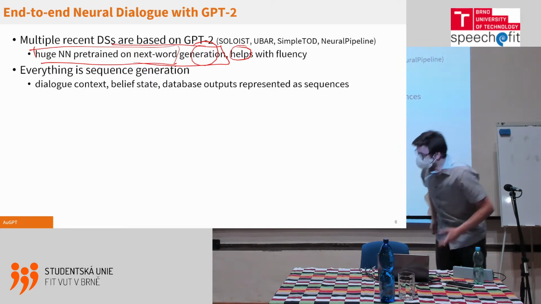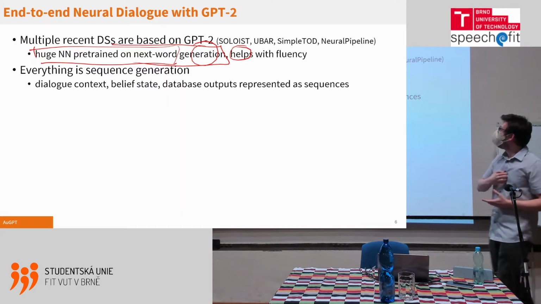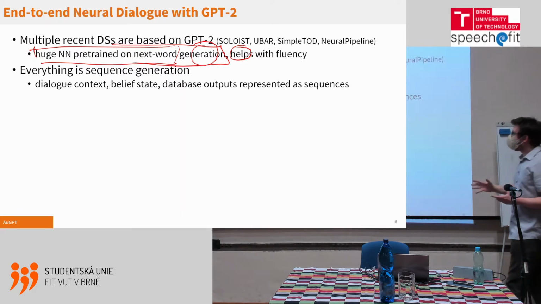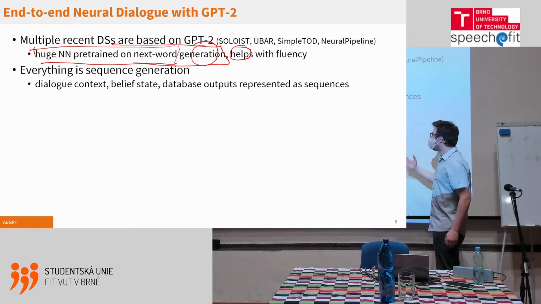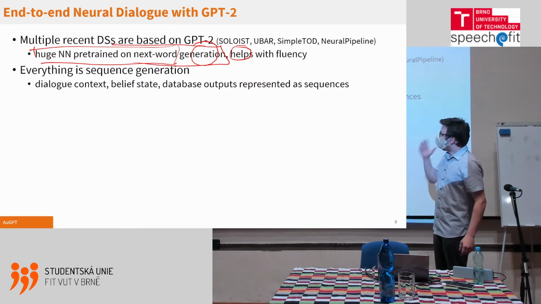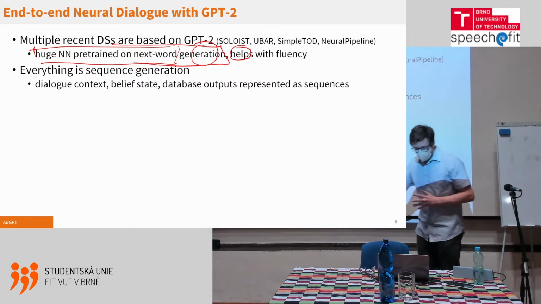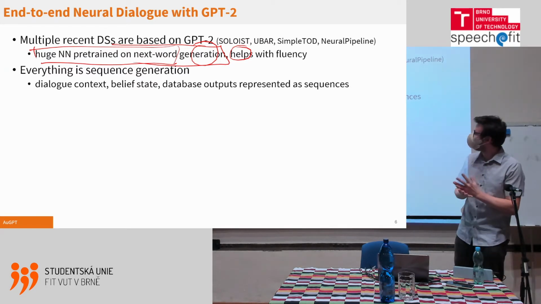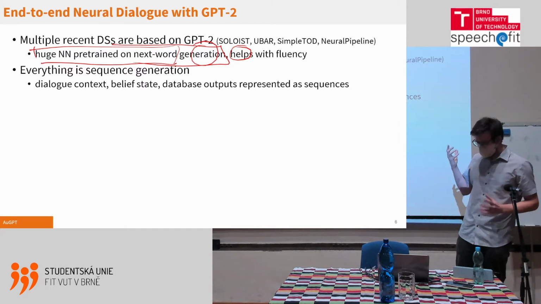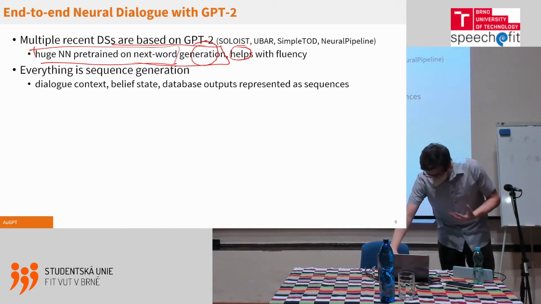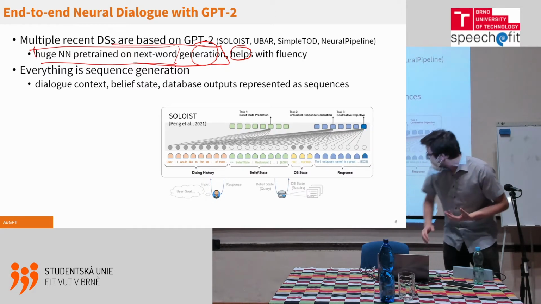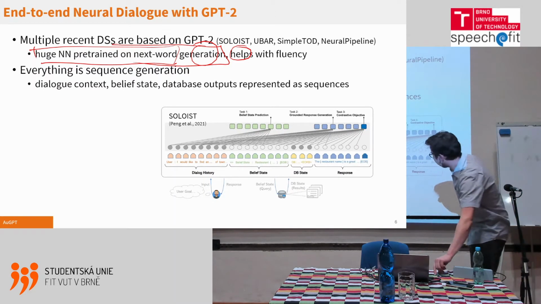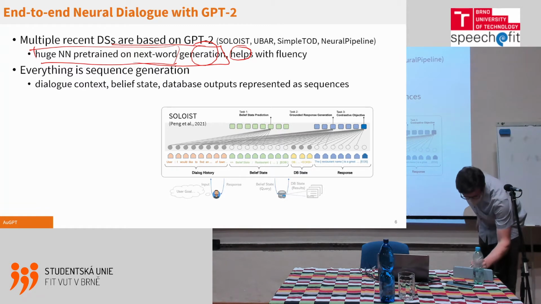And now to make it easy for this neural network that is trained originally to generate words, everything in the dialog, or everything that the dialog system needs to track, is represented as sequences of some kind of tokens. They look like words, but there might be some special tokens, like some end of something or start of something, this kind of stuff.